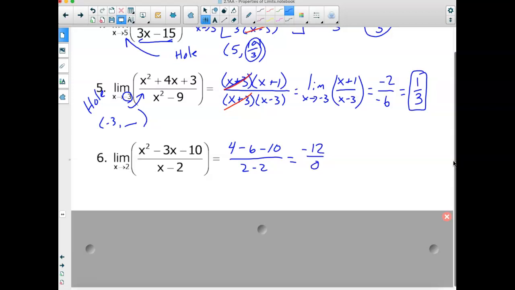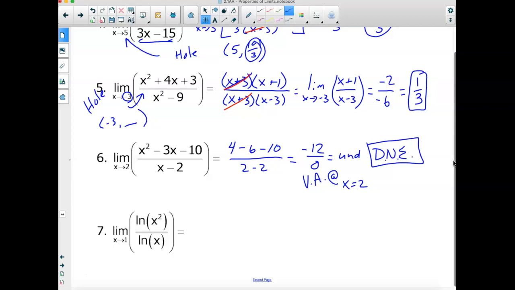Whoa, that is not 0 over 0. That does not say work harder. That does not say waste your time. That says undefined, does not exist. That limit does not exist. There is a vertical asymptote at x equals 2. I am not approaching a number.